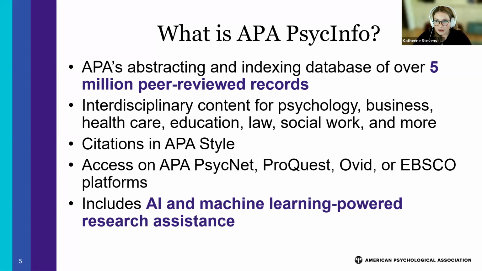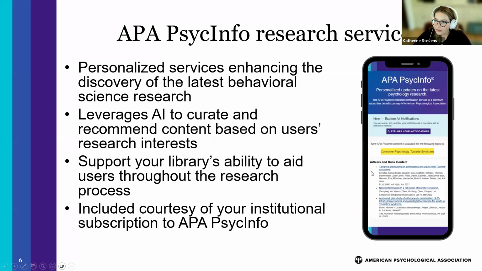And a subscription for your institution of APA PsycInfo includes our research services that are powered by AI and machine learning. So these research services included with APA PsycInfo are personalized services that enhance the discovery of the latest behavioral science research. These tools leverage AI to curate and recommend content based on users' research interests.